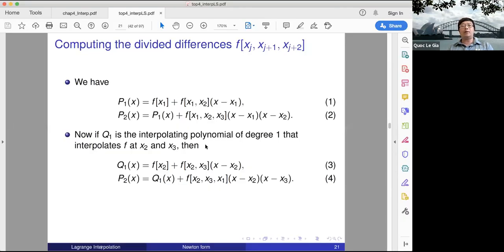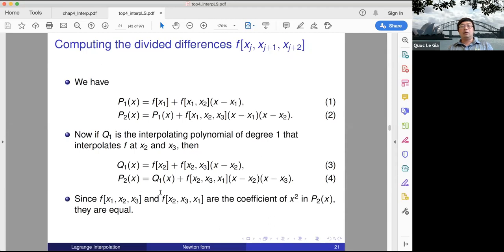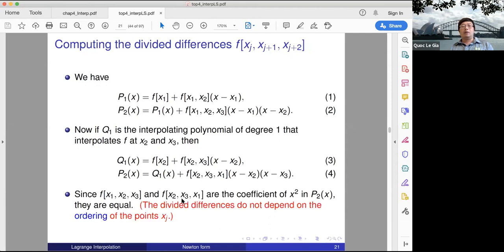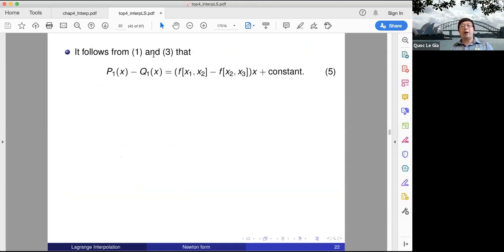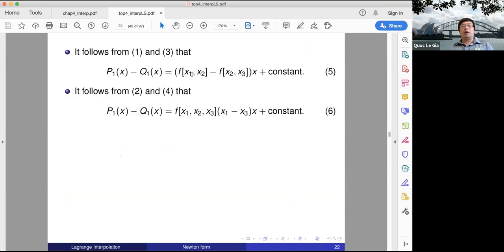You have 4 equations, 1, 2, 3, 4. I explain this: the coefficient of x squared is the same. Now suppose you take 1 minus 3, then you get this equation. And if you take 2 minus 4, then you get this.